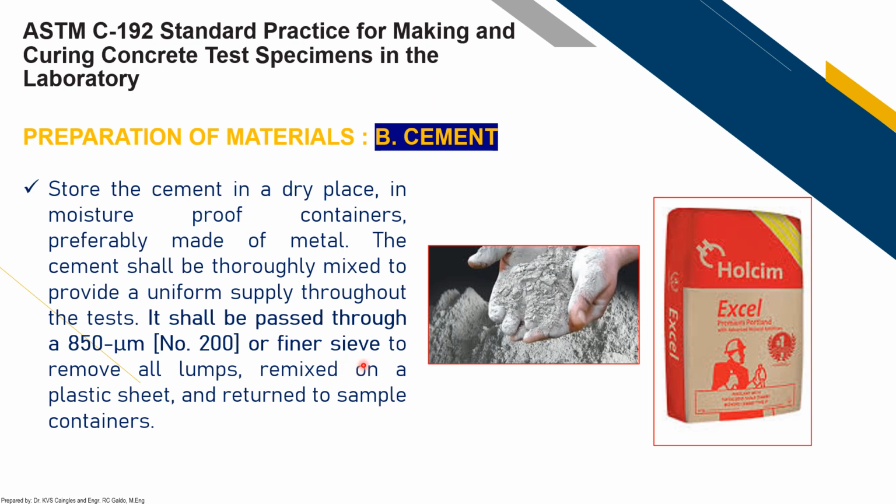If the quality of your cement is questionable, though the ASTM provision says to store it in a dry place or moisture-proof container, and you are not sure of its quality, please do sieving. Pass your cement particles through the number 200 sieve or finer, so that we can get rid of the lumps or any unnecessary materials.